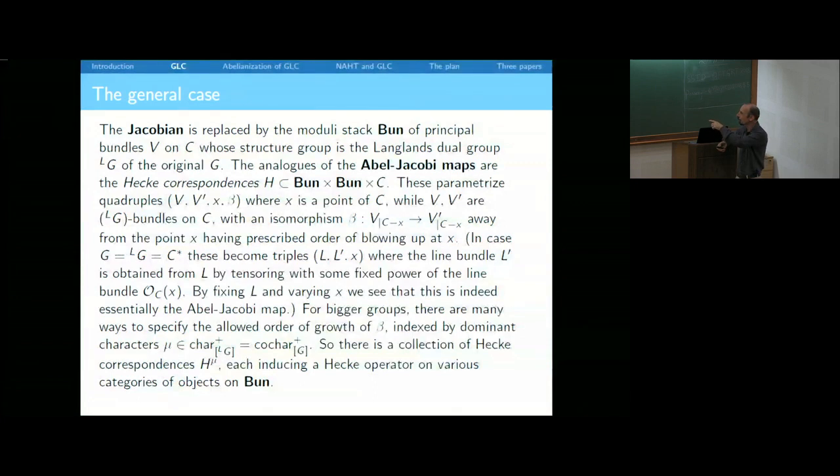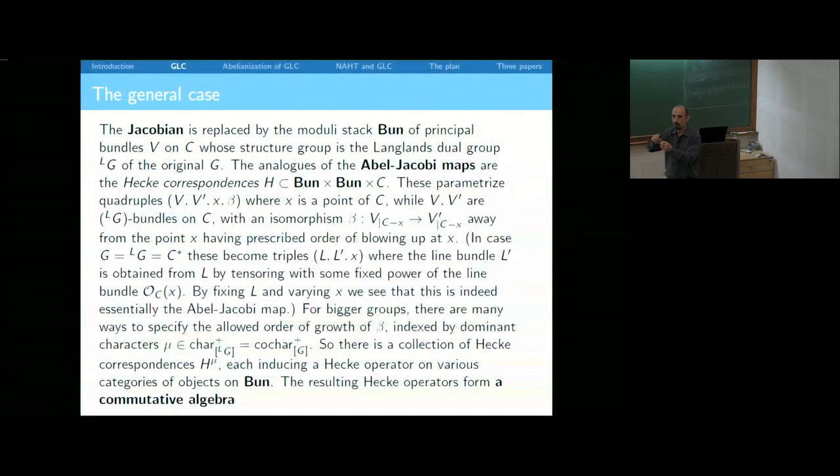But in general, for more complicated groups, we have a whole infinite collection of H mu's, and it's not clear in what sense we expect to get eigensheaves for all of them. So the point is that all of these Hecke operators form a commutative algebra. In other words, the operation of starting with a vector bundle and a point, and modifying the bundle along a 7-dimensional subspace of the fiber at that point gives me some Grassmannian.